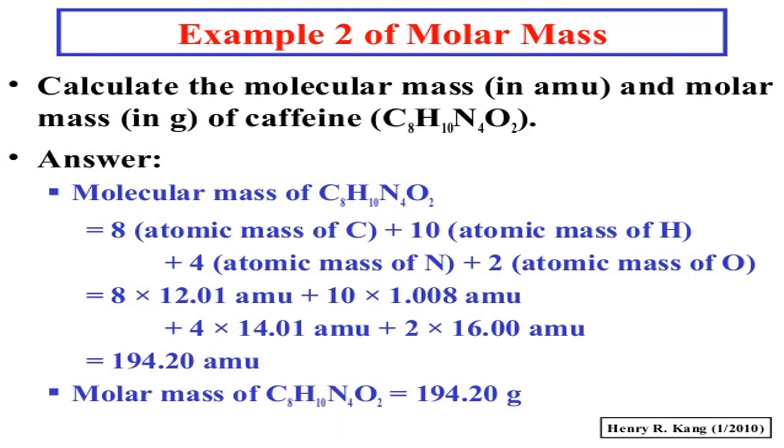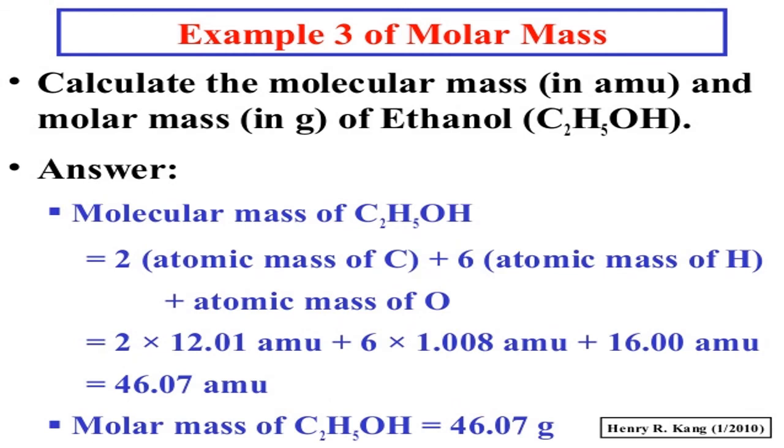Now we'll go to the final example for the calculation of molecular mass. Molecular mass of ethanol. It is an alcohol. Its formula is C2H5OH. Once you know the molecular formula, it is very easy. So the molecular formula of ethanol is C2H5OH and its mass is equal to 2 into the atomic mass of carbon, 6 into the atomic mass of hydrogen.